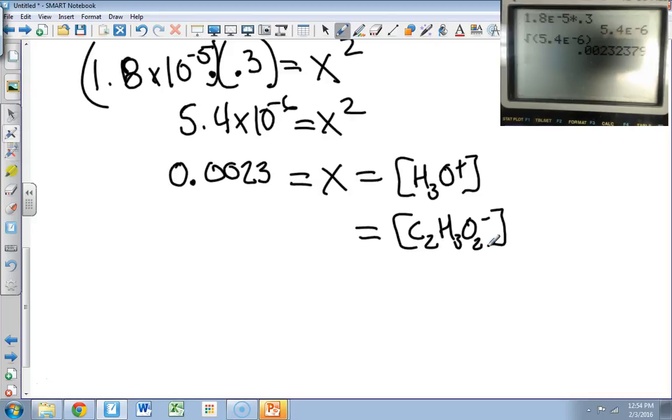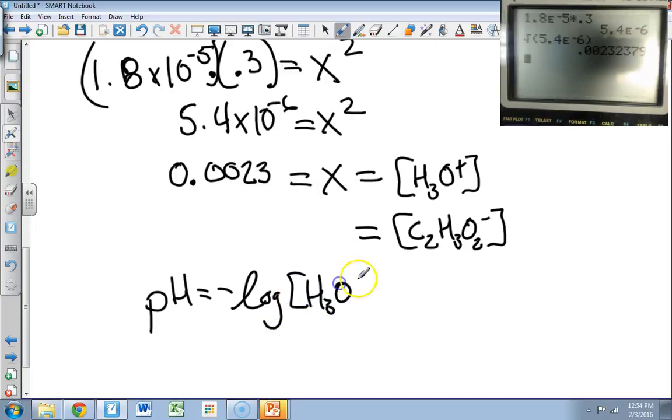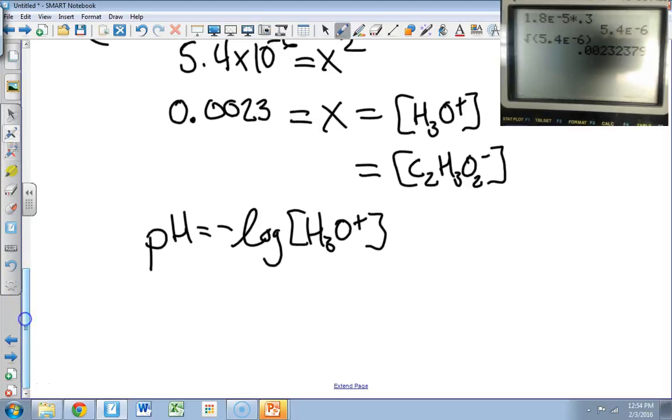Now, we're not done because the question asked for the pH. pH equals the negative log of the concentration of H3O plus. Well, do we have the concentration of H3O plus? Absolutely. So that equals the negative log of 0.0023.